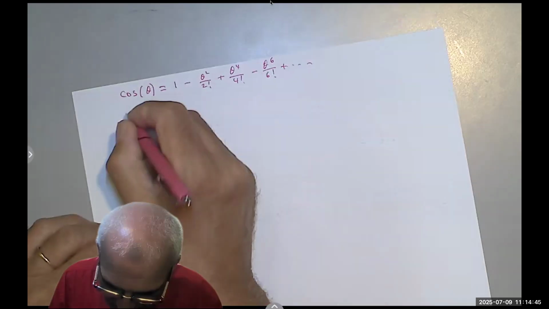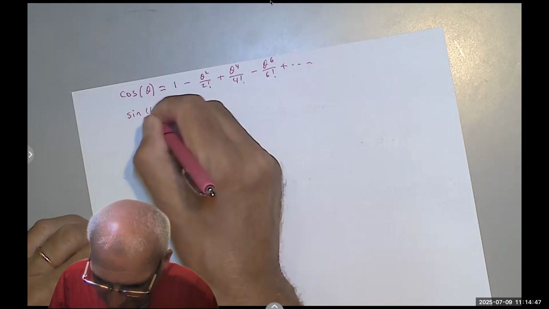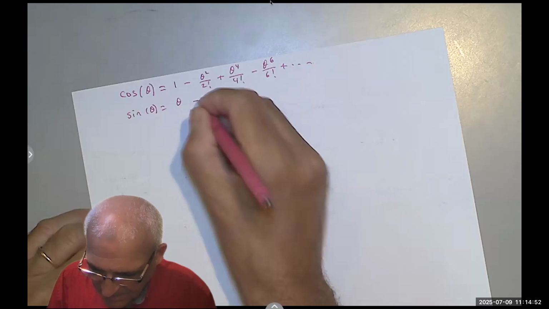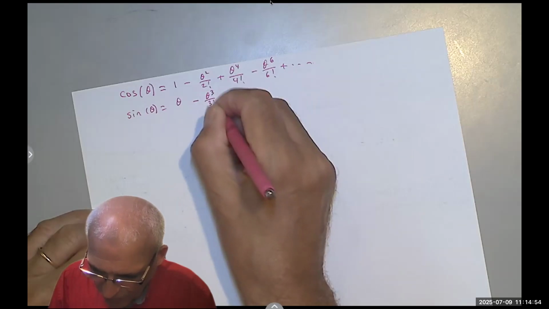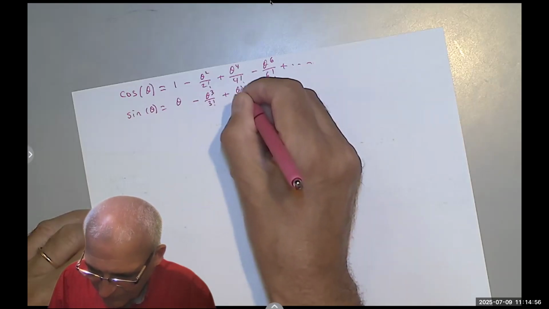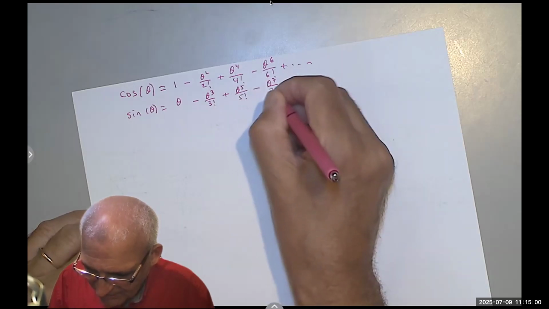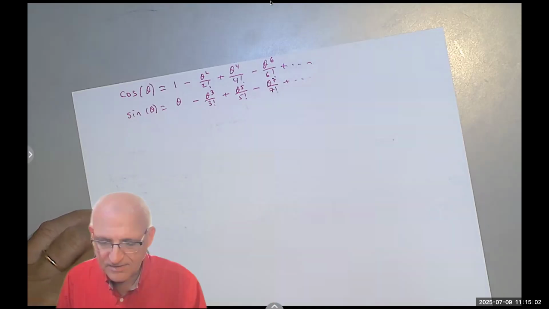We also found sine of theta to be theta minus theta cubed over 3 factorial plus theta to the 5th over 5 factorial minus theta to the 7th over 7 factorial plus.